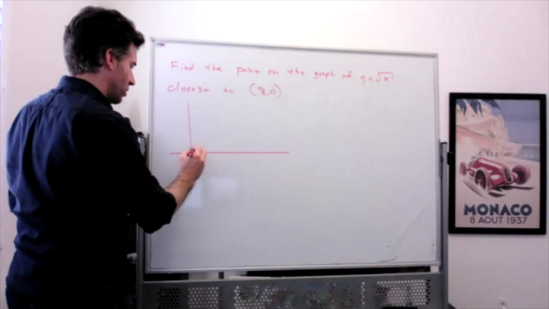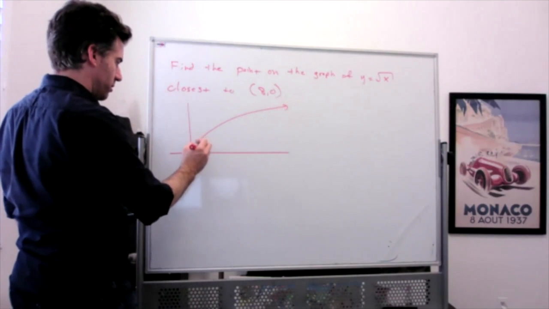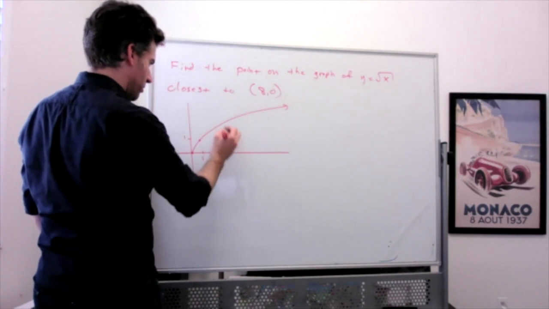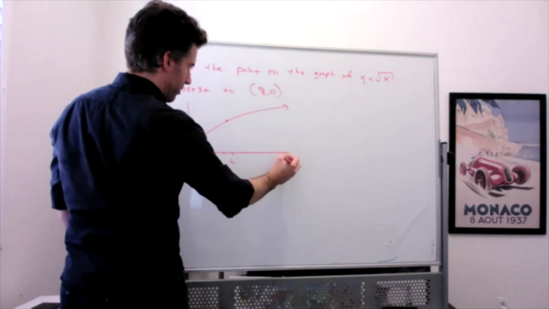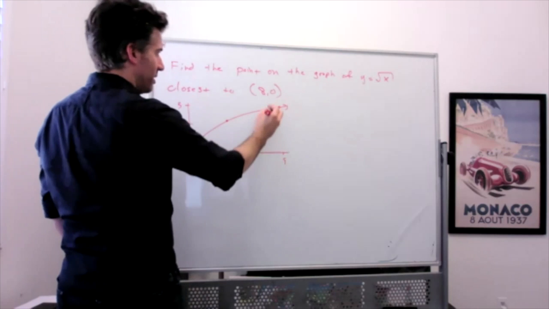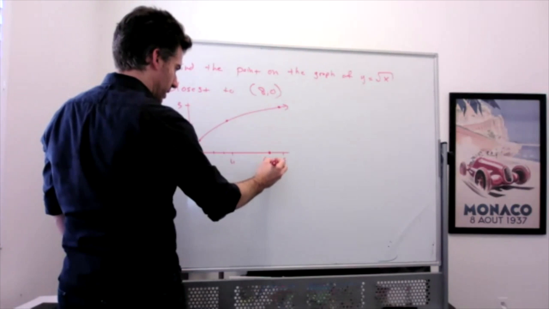So my square root function looks like this. Right? It has the point (1, 1), and (4, 2), and (9, 3). So we're looking at this point here, (8, 0).